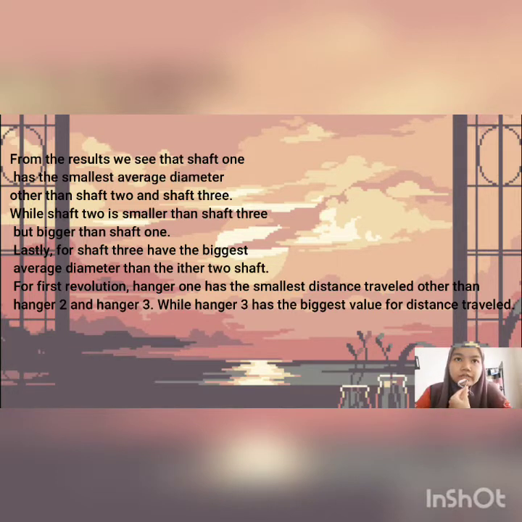Lastly, shaft 3 has the biggest average diameter of the three shafts. For the first revolution, hanger 1 has the smallest distance travelled compared to hanger 2 and 3, while hanger 3 has the biggest value for distance travelled.